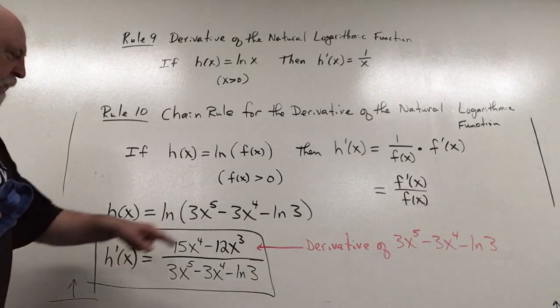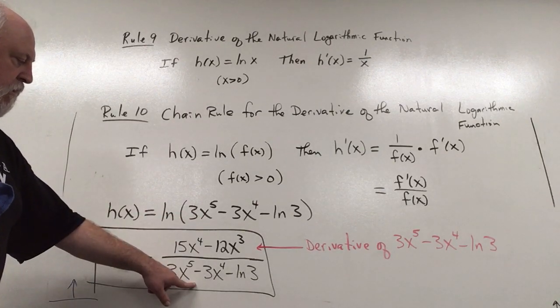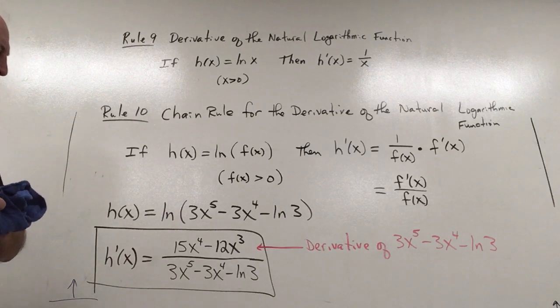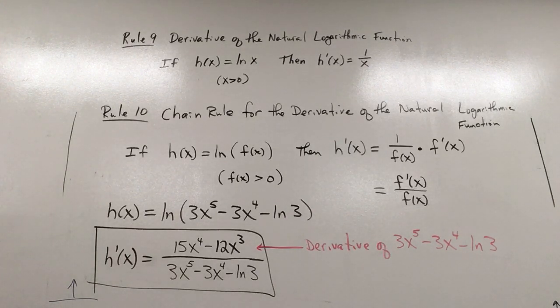So you put what's inside parentheses in the denominator, and then you put in the numerator the derivative of what's inside the parentheses. Okay? And you're done. You've successfully found the derivative.